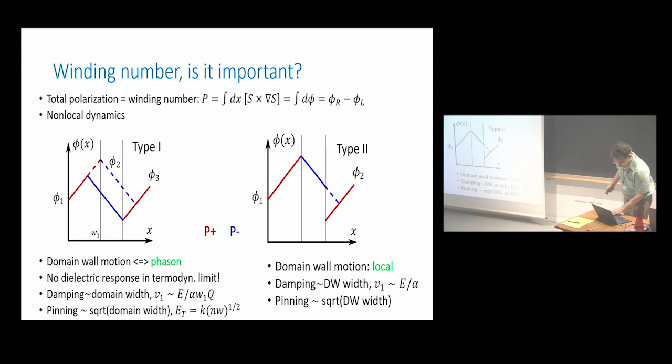Yeah, certainly. But in any case, this is just to say that in the type 1 wall, I will always be able to define a continuous angle, right, when the spins are lying in one plane.